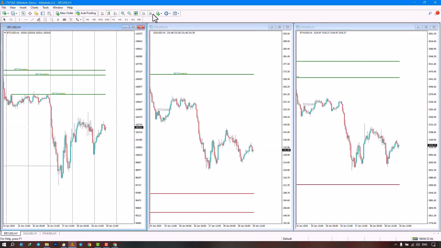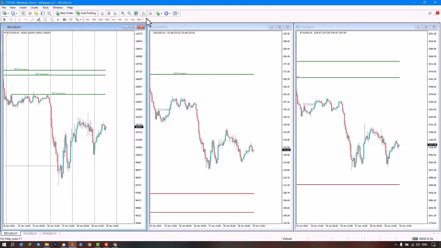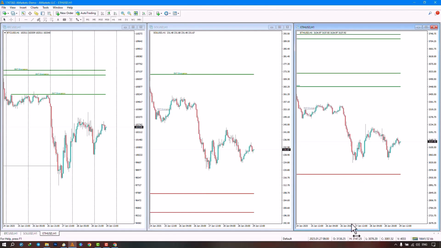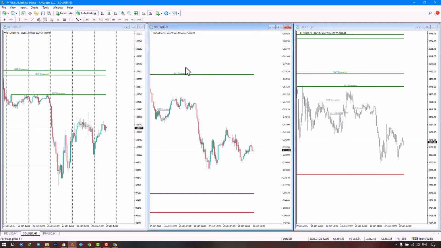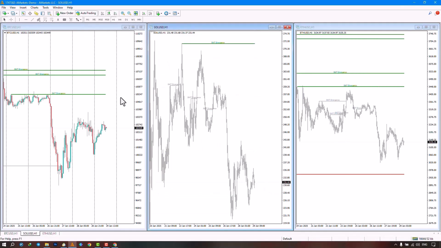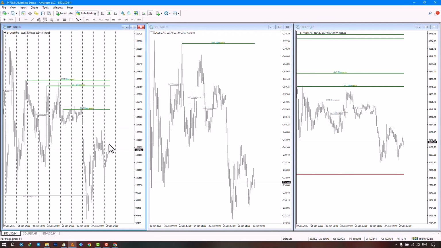For example, in our first symbol, the BTC symbol, a liquidity level was identified and the price moved down and consumed this level.